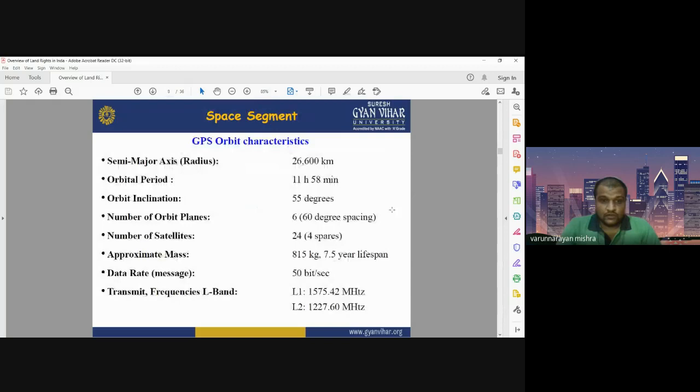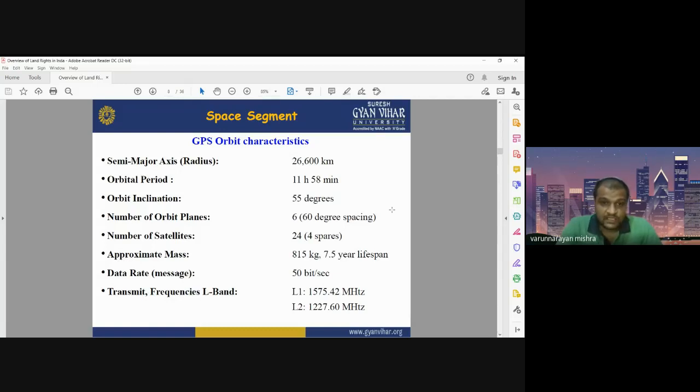The satellites orbiting in space have specific characteristics, very different from the remote sensing satellites. For example, the semi-major axis, the radius, is around 26,600 kilometers.